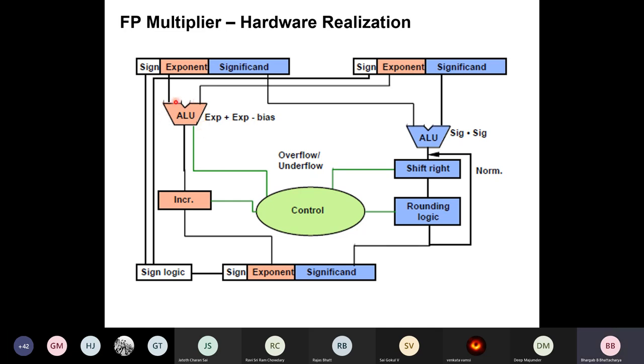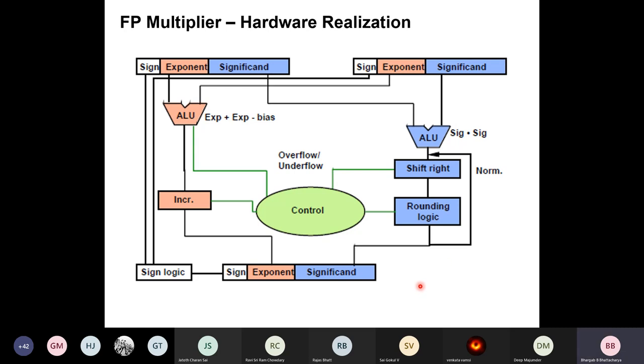Then you take the significands, restore the 1 point something, and here also 1 point mantissa, and do integer multiplication of the significands, and then shift right only. No shift left is needed here. There is a controller. If overflow, underflow, do this rounding logic, keep on doing this. The exponent may be incremented because of the shift right, and finally the sign is adjusted by the sign logic, and you get the result.